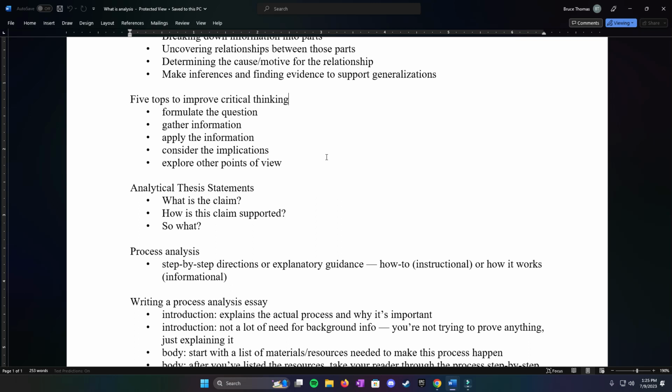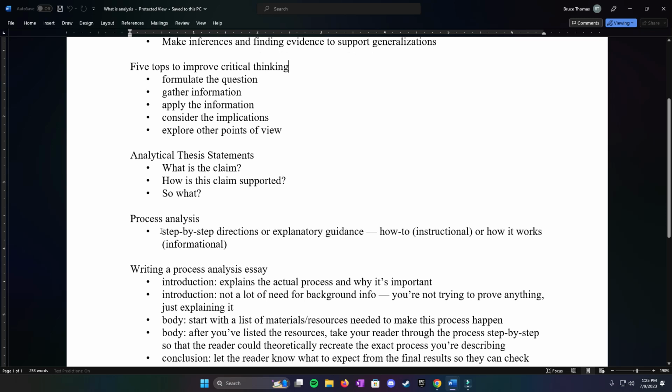So we are going to, like I said, write a process analysis essay. An analytical thesis statement basically looks like, what is the claim and so what?